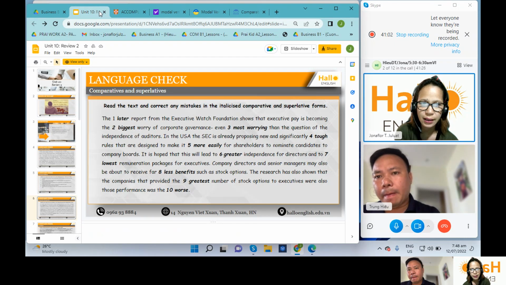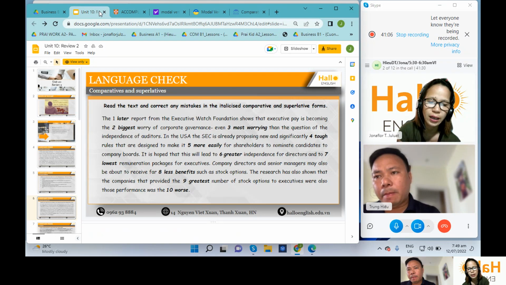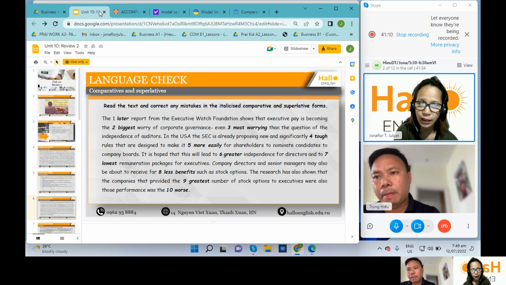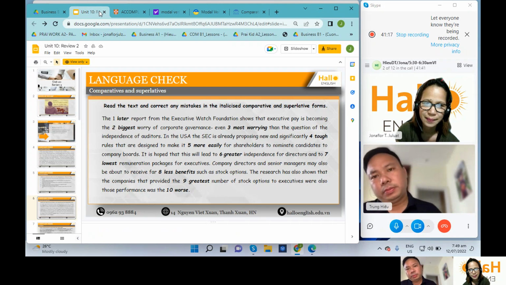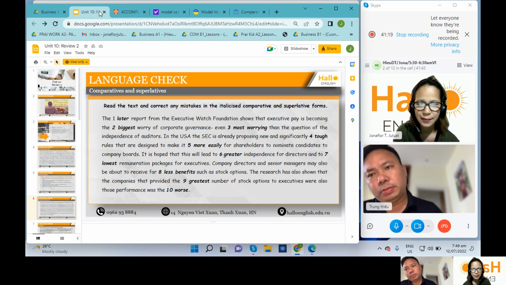In the USA, the SEC is already proposing new and significantly toughest rules that are designed... superlative.